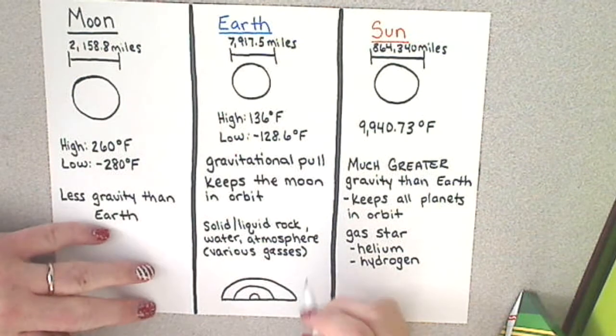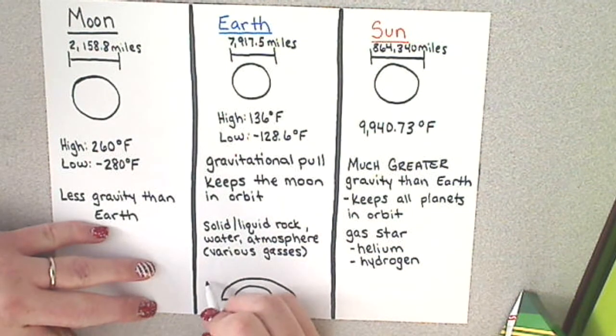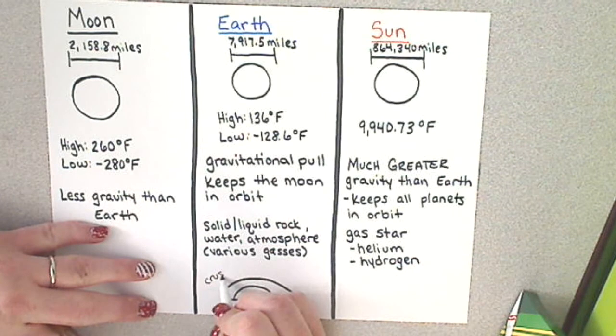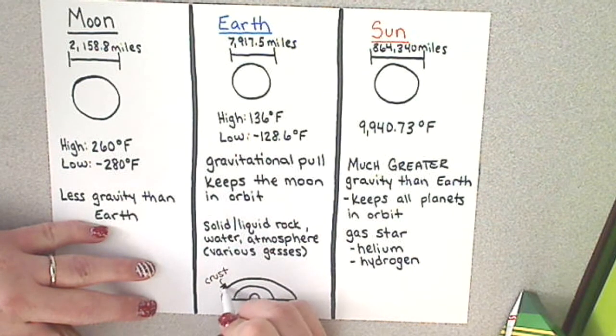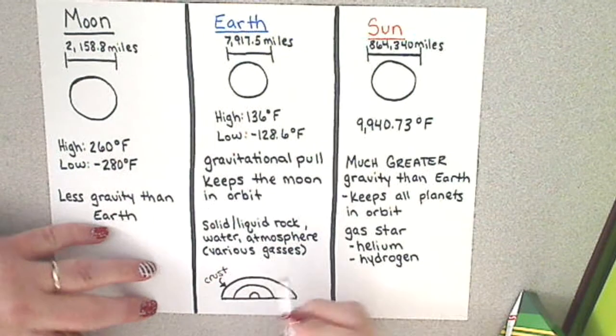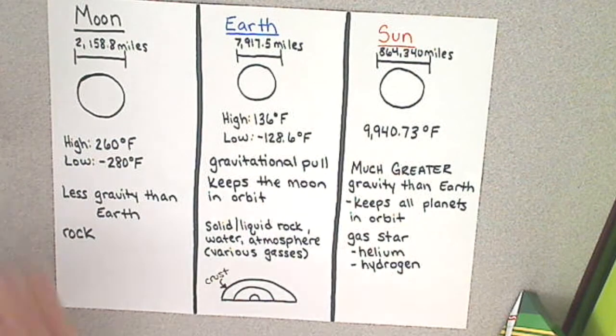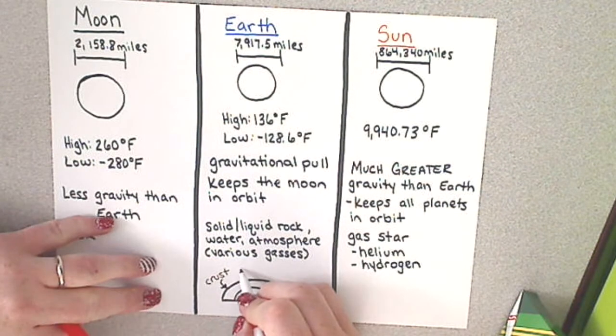Now, the first thing we are going to label is the crust. And the crust is simply this outer layer. It's what we live on. Okay. The next layer is the mantle.